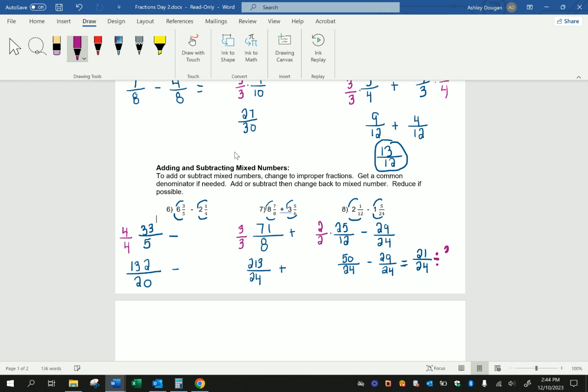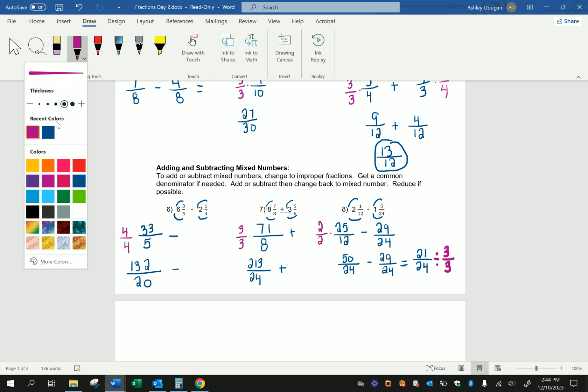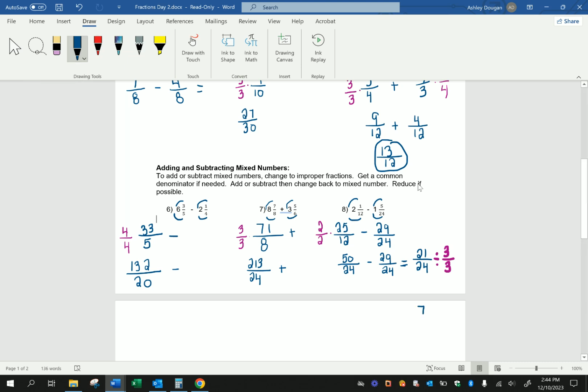So even though I'm not changing it to a mixed number, I still have to write my answer in simplest form. 21 divided by 3 is 7. And 24 divided by 3 is 8. So this would reduce to 7/8. Not a mixed number, but just a proper fraction, 7 over 8.